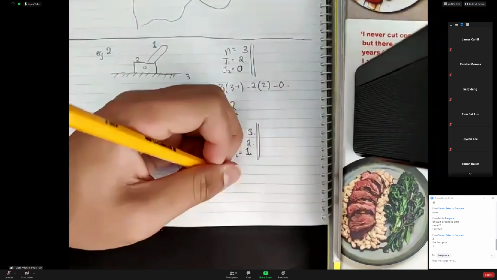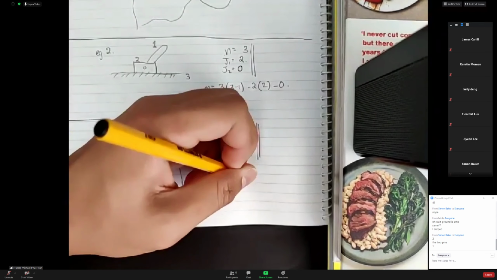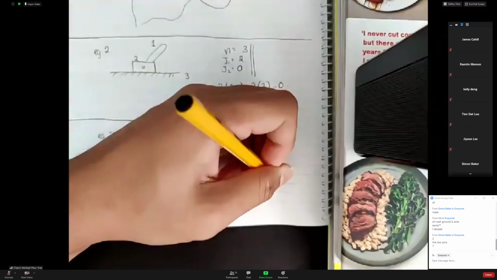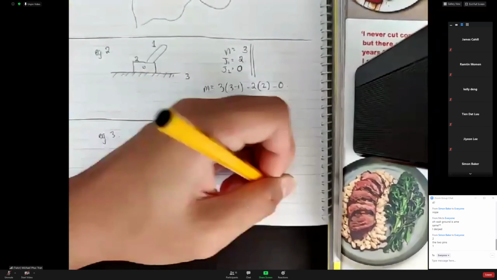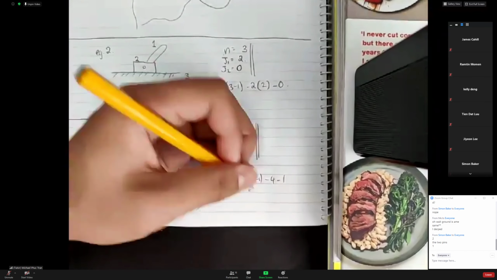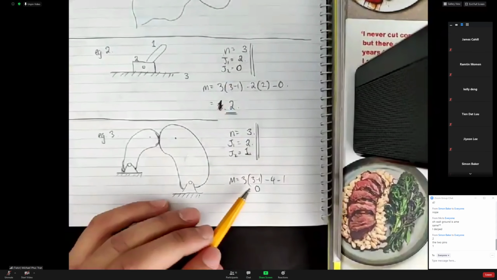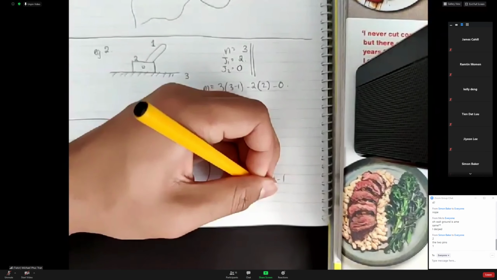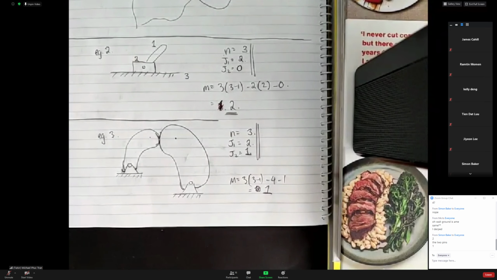So M = 3 times (3 minus 1) minus 4 minus 1... 6 minus 4 minus 1, that's 1. Cool.